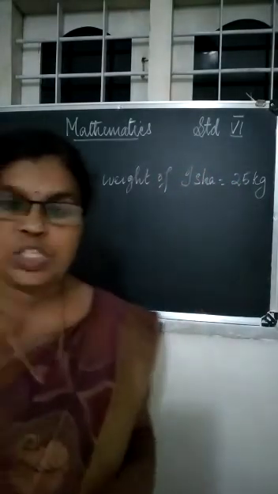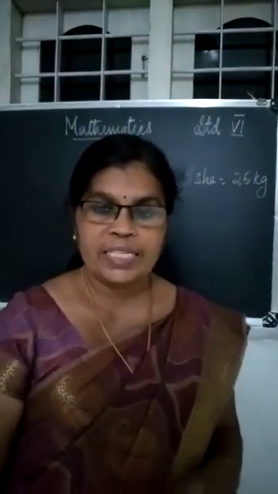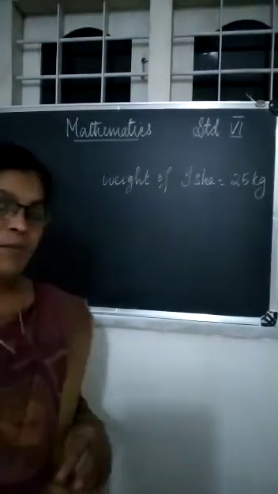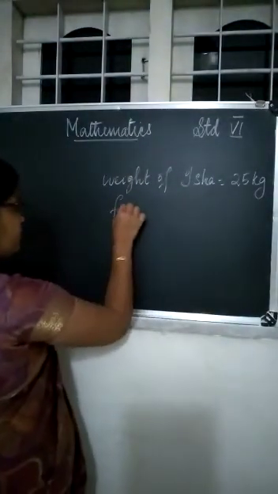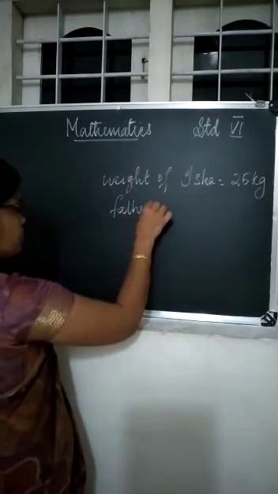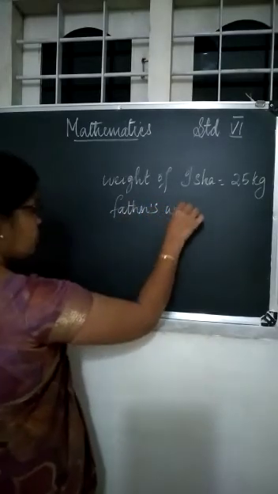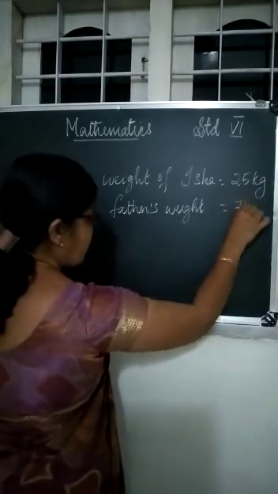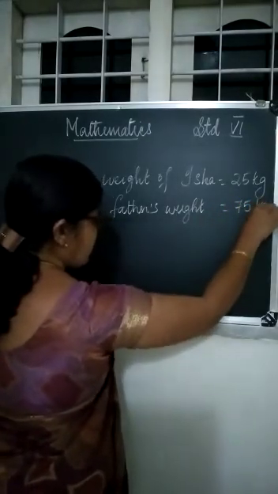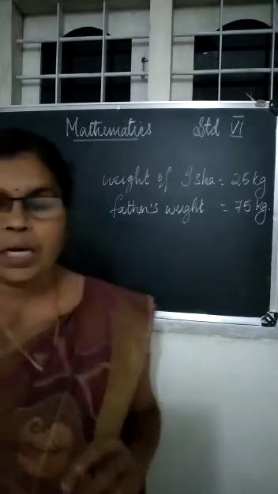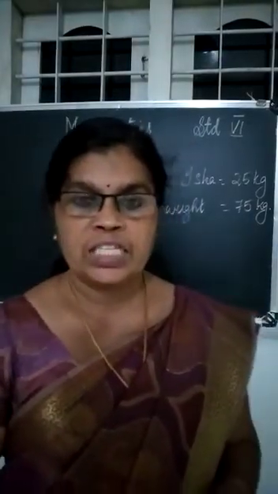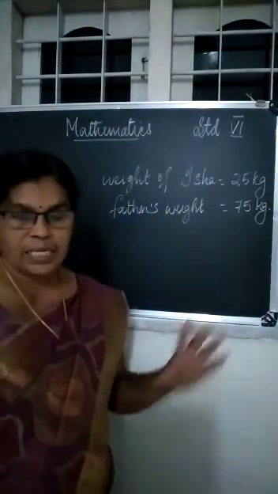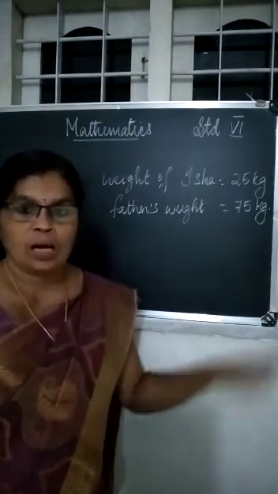So Isha's weight is 25 kg and her father's weight is equal to 75 kg. Now we have to compare how many times Isha's father's weight is more than Isha's.